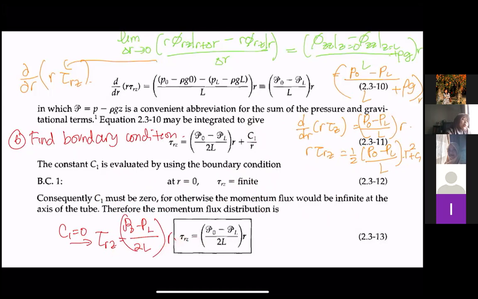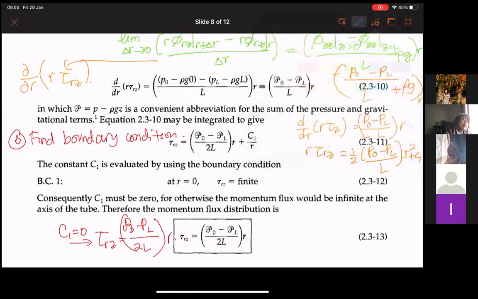So if I can draw the profile, let's say this is the circle tube, and this is R and this is Z. The profile, if you look at here, at R equal to 0, tau rz would be equal to 0.